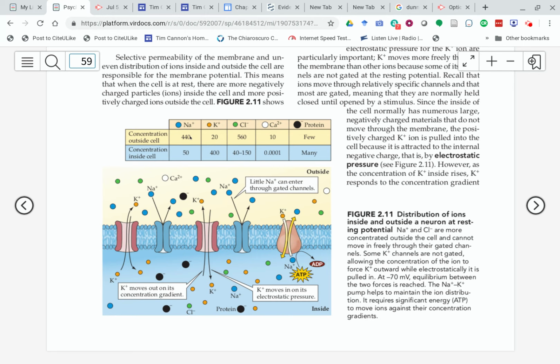And all you really have to know is there's a pot full of sodium outside the cell and not so much inside the cell. And then, oh, look, potassium, it's the opposite. A pot full inside, not too much outside. Chloride is definitely important, and it has more outside than in. Calcium, as I said, is very important for neurotransmitter release. And look at how this puppy is set up.